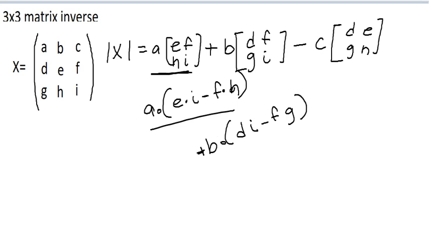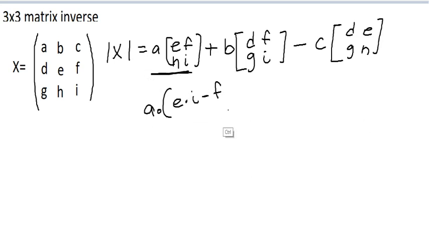Remember, it's plus B. This as well is minus C into D into H minus E into G. So once we add and subtract these values, we get the determinant of X.